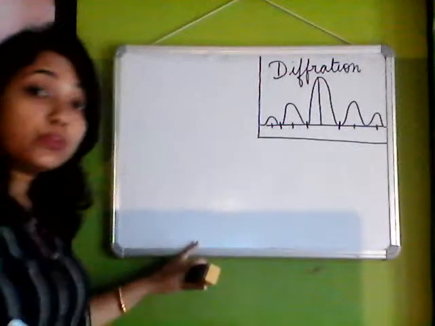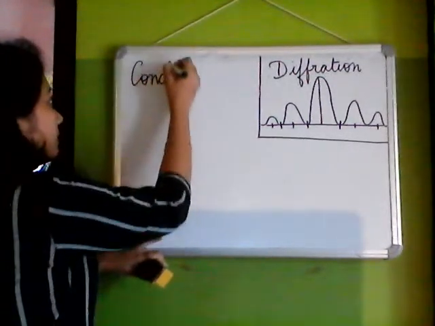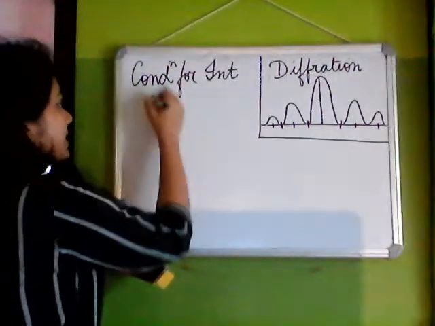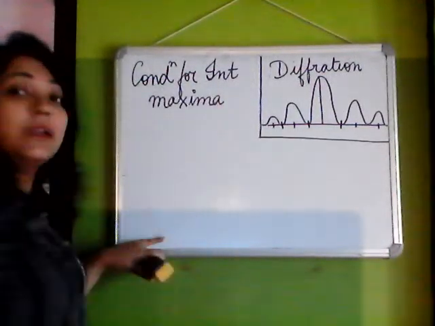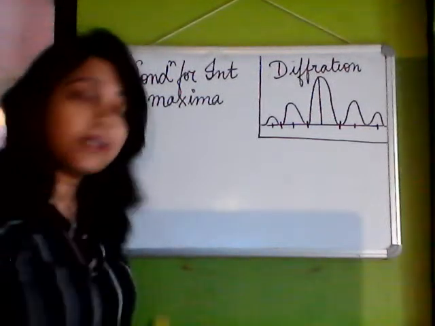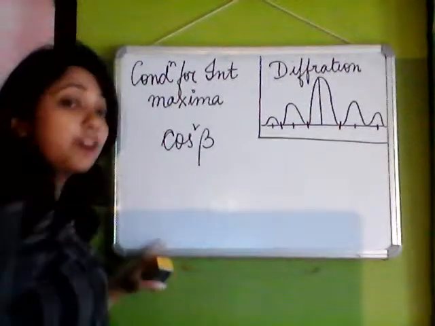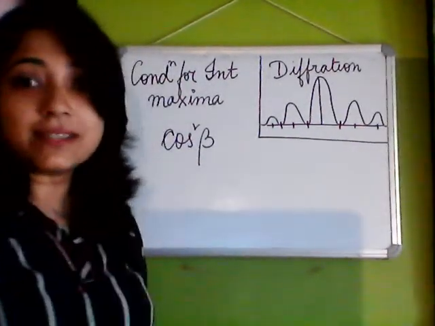But now what are we doing? We are finding out the condition for interference maxima. Now, which term is giving me the contribution due to interference? It is my cos square beta. This is the term which is giving us the contribution from the interference occurring.